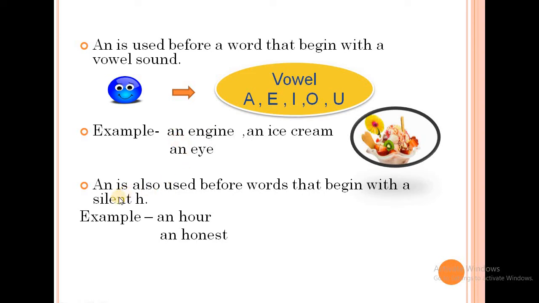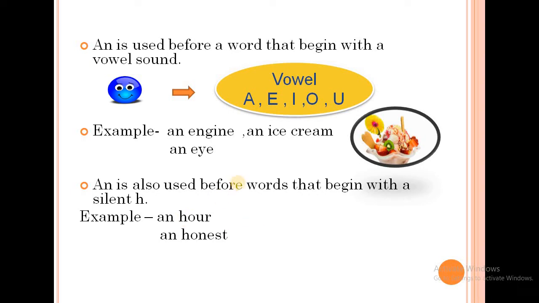Now next, an is also used before words that begin with a silent H. Here this word starts with H. H is actually a consonant, but when we are speaking this word, hour, we are not speaking H, right?